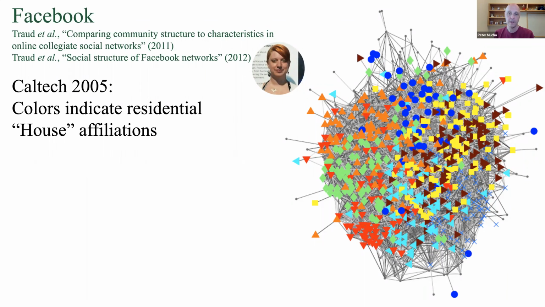So you would expect, and the hypothesis going in was, that the house affiliation would have a big influence on the social life at Caltech. If you squint in the right way, you can see some of the colors and shapes grouping together, or you get very hungry because you're thinking of Lucky Charms.